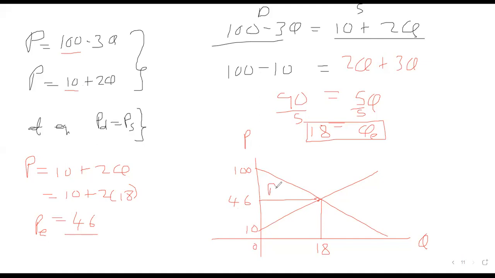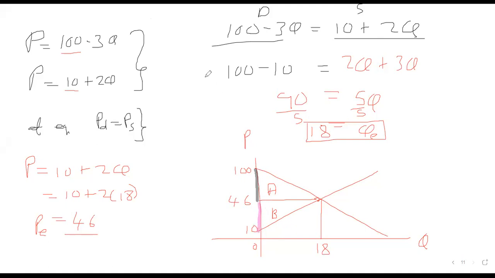We have two areas, area A and area B. Area A is called our consumer surplus. Area B is called the producer surplus. So we need to identify the dimensions that we have in here. Number one, the distance from here to here. The distance from here to here.